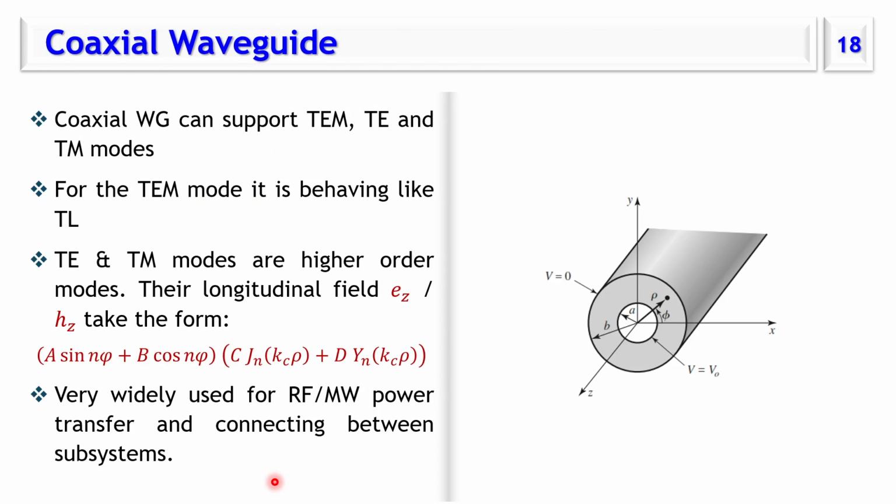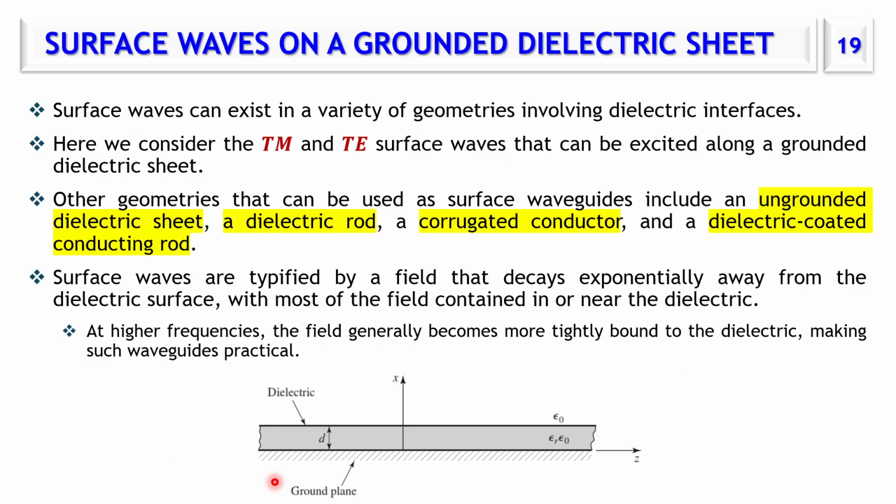There are more waveguides, like the surface waveguide, similar to this one. If we have a ground plane and a dielectric material covering this conductor, we can have a surface wave. A surface wave can be TE or TM. Of course, because it's a single conductor, we can't excite TEM waves.